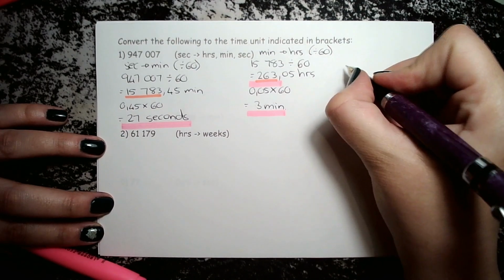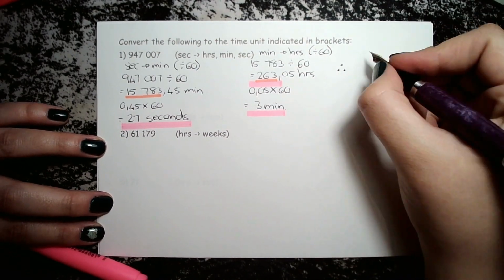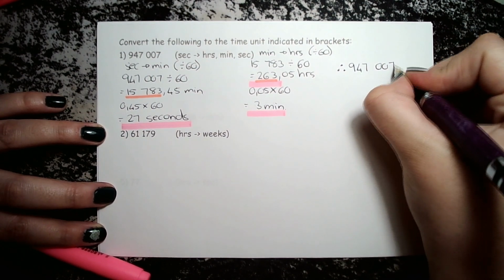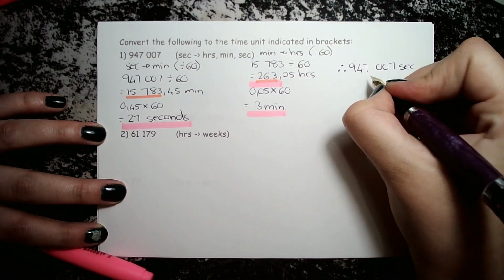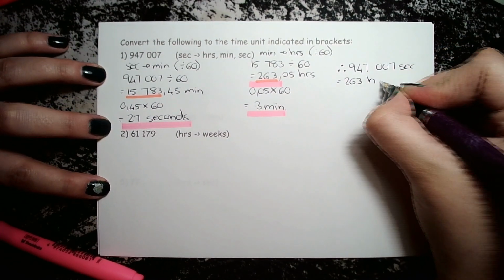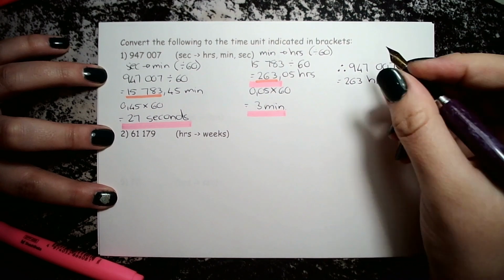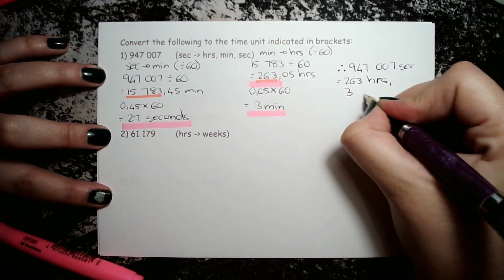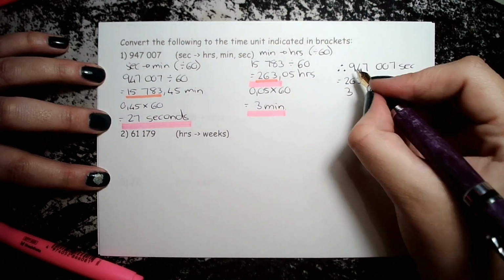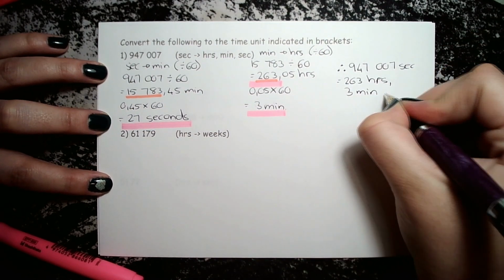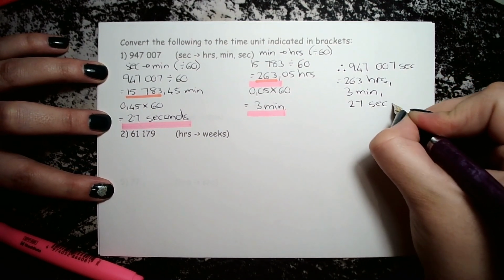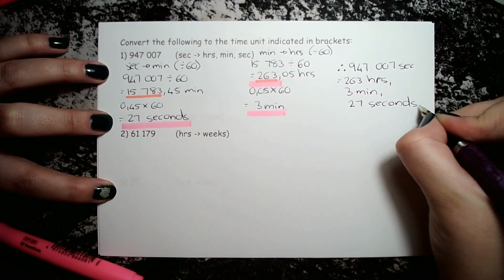So, therefore, 947,007 seconds is equal to 263 hours, 3 minutes, and 27 seconds.